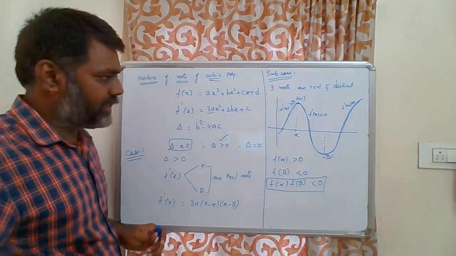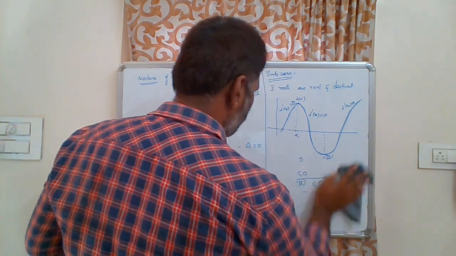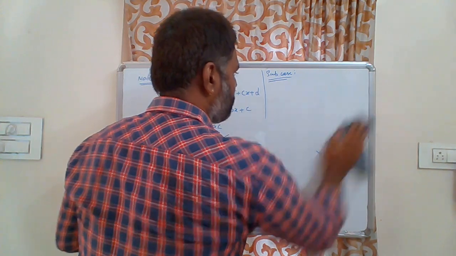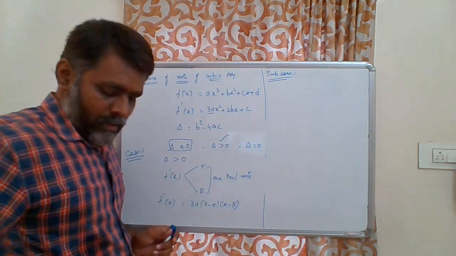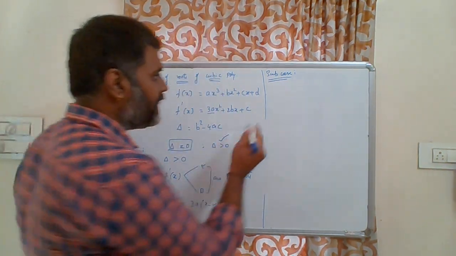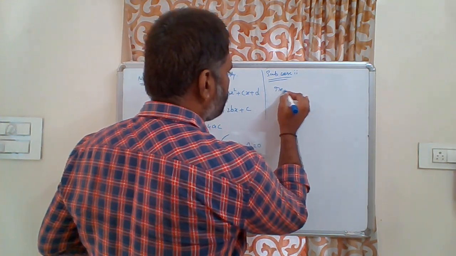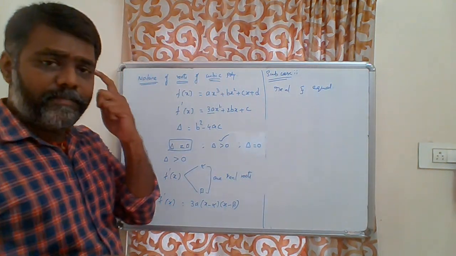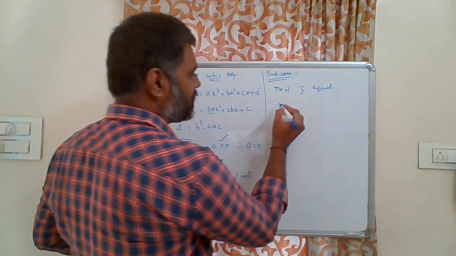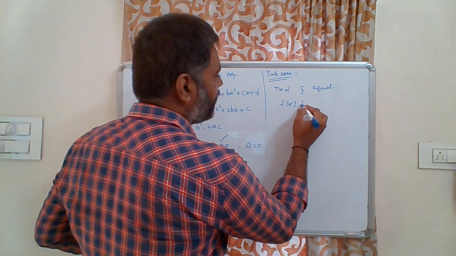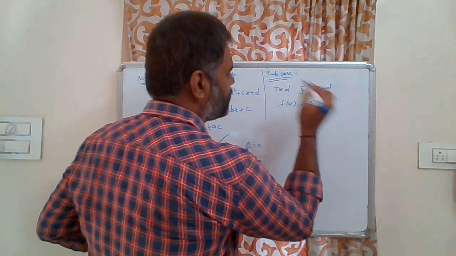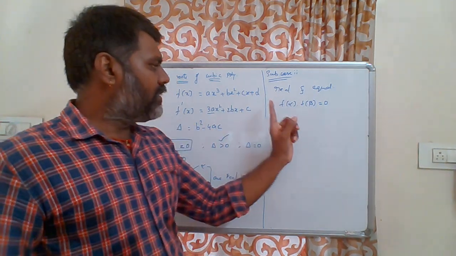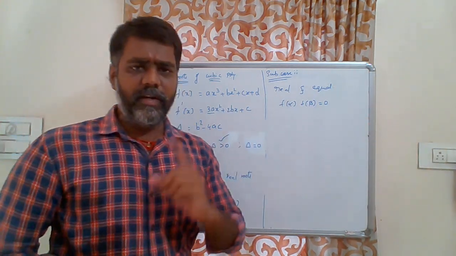The next case is real and equal roots. Real and equal means the condition f of alpha into f of beta equals 0. The product of two values equal to 0 means one must be 0.